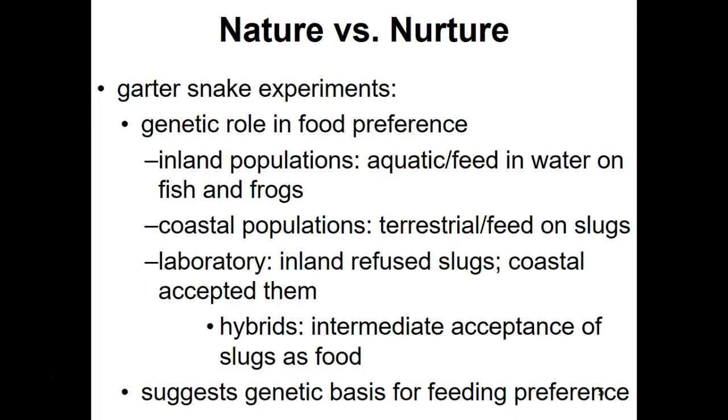In a laboratory, if you take inland garter snakes and try to feed them slugs, they won't accept them, but the coastal ones will. The hybrids will also accept the slugs. So there is a genetic basis, or again, nature, that influences feeding.